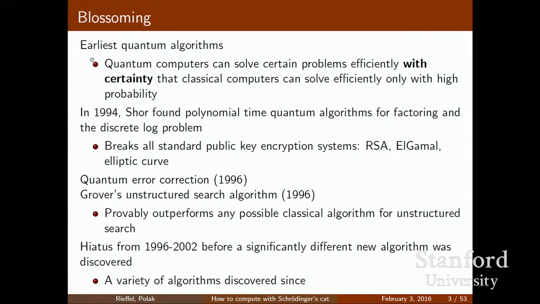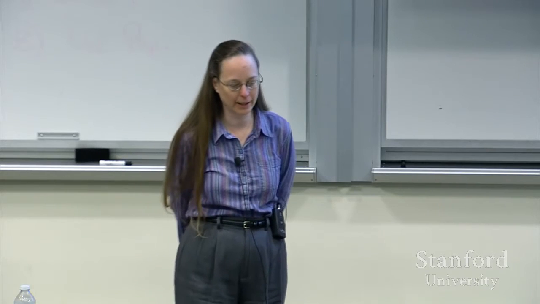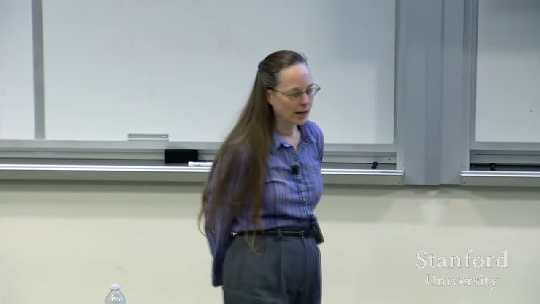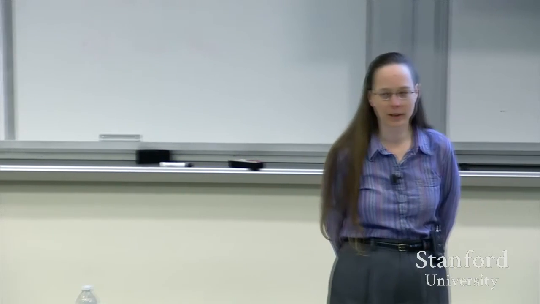These early quantum algorithms spurred what really prompted the field to take off, which was that Peter Shor figured out a polynomial time quantum algorithm for factoring and the discrete log problem. And that really startled people because that breaks all standard public key encryption systems. We'll talk a little bit more about that later. At first, this didn't worry people very much because they looked at these quantum computations and they said, there is no way you can make this robust.